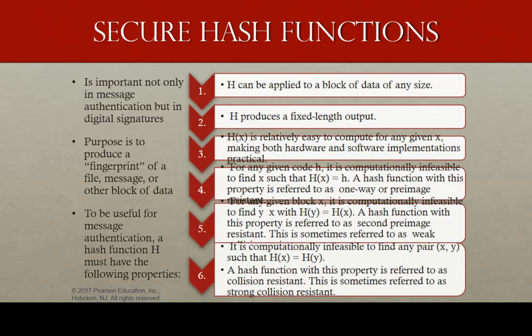A hash function that satisfies the first 5 properties in the preceding list is referred to as a weak hash function. If the 6th property is also satisfied, then it is referred to as a strong hash function. The 6th property, collision resistant, protects against a sophisticated class of attack known as the birthday attack.